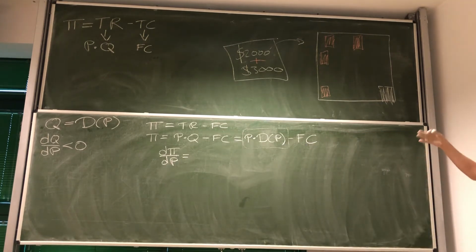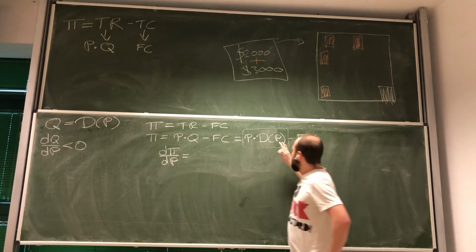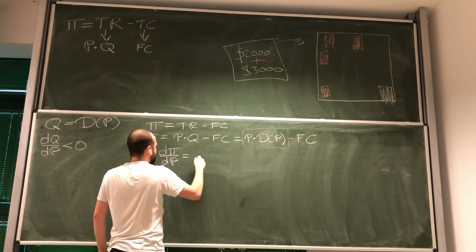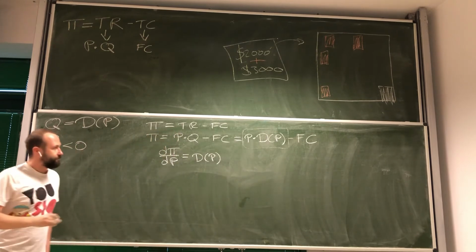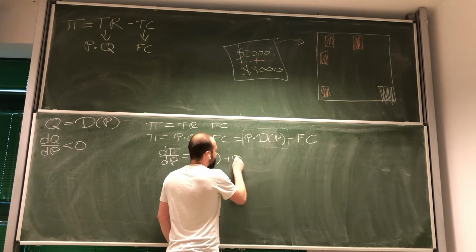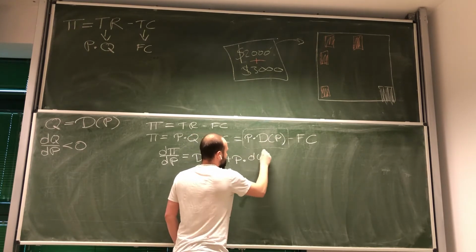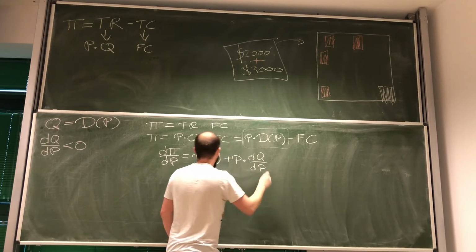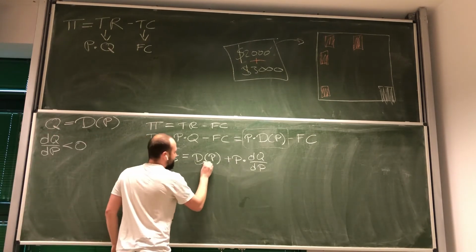One is price, and the second is demand as a function of price. So in order to differentiate it, I need to use the product rule. So I get D of P plus P times the derivative of this, which is dQ/dP. Also, we can easily notice that D of P is equal to Q, right?